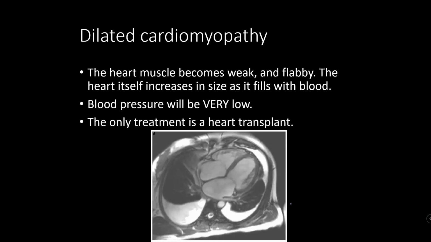The thing about blood is that it always wants to go from high pressure to low pressure, so pumping blood into a high pressure area is very difficult. In order for the heart to do that, the muscle itself has to get bigger and stronger. So at first, your heart is getting a workout.